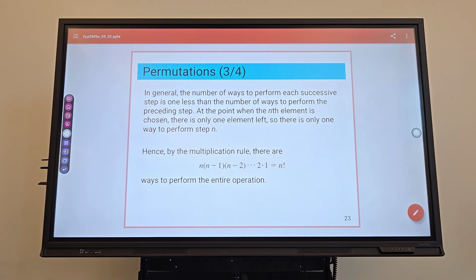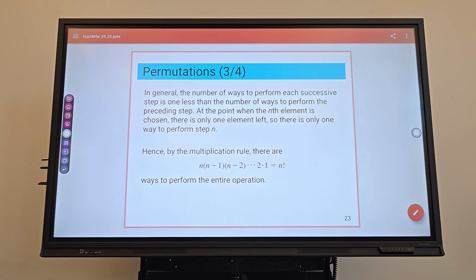In general, the number of ways to perform each successive step is 1 less than the number of ways to perform the preceding step. At the point when the nth element is chosen, there is only 1 element left, so there's only 1 way to perform step n.